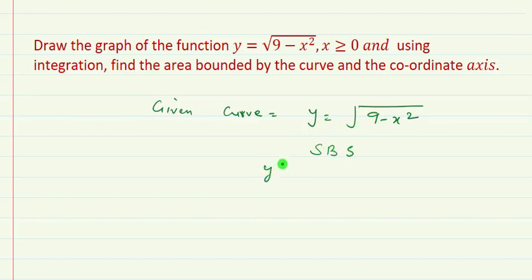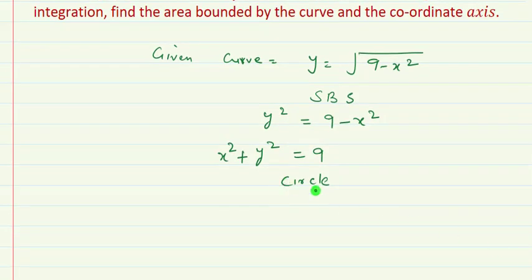So clearly it is y square is equal to 9 minus x square, and after taking x square to the left hand side we get x square plus y square is equal to 9, and it is nothing but simply a circle. So the given curve is a circle. Now we need to find the area bounded by this circle and the coordinate axis, with the x-axis and y-axis.